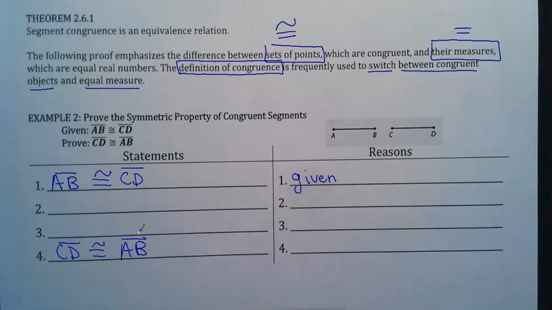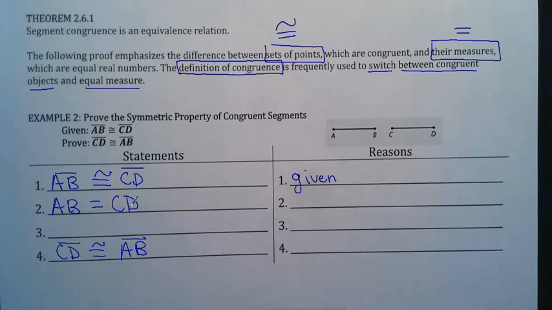And the way that we do that is we say, okay, the object here, the segment, is congruent. We want to switch and say that they are equal measures. We're going to switch between the objects and the actual measures. So we want to say the measure of AB is equal to the measure of CD.